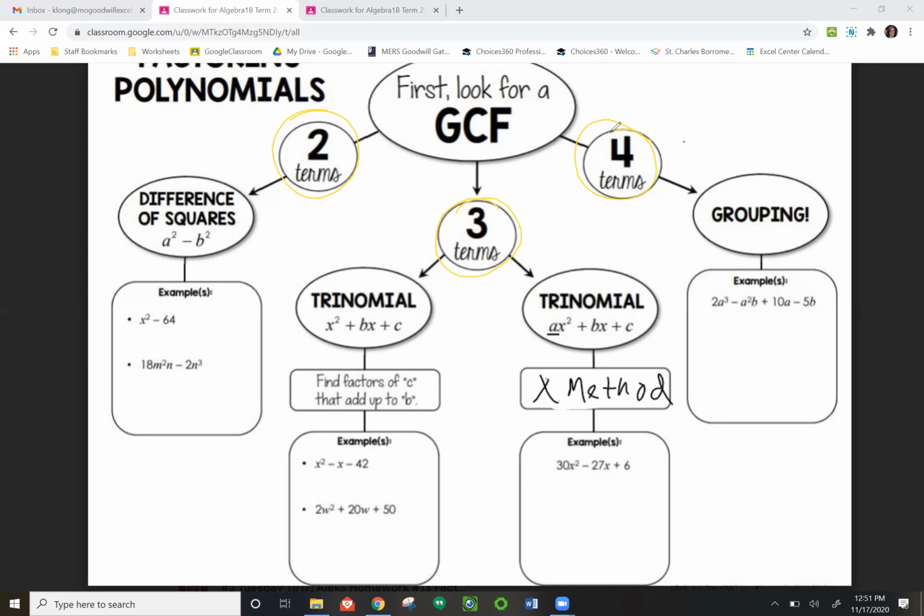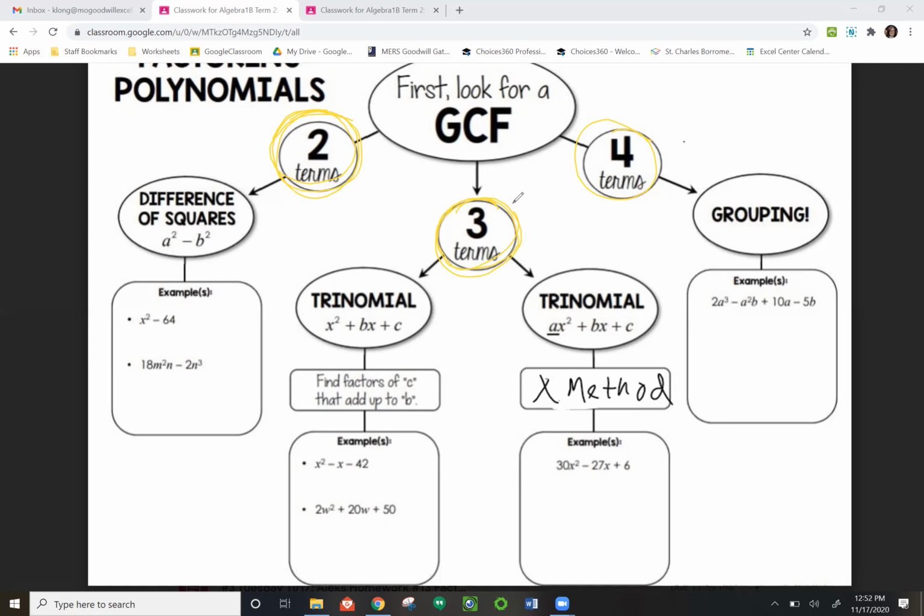So we looked at what happens if there was 2 terms, okay? Now, if there's 2 terms, it's very restrictive to being able to factor that. You have to have a subtraction and both terms have to be perfect squares, okay? Then we've looked at a method now where if there's 3 terms, okay? So we've got 2 different methods when we have 3 terms.